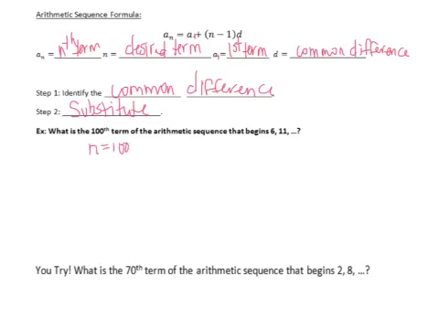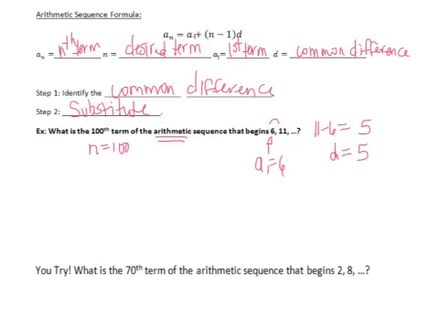Of the arithmetic sequence, again, we need to make sure that it is an arithmetic sequence, otherwise we won't have a common difference. And so what is the 100th term of the arithmetic sequence that begins 6, 11, and so on? Well, 6 is the first term, so I know A sub 1 is 6. And then to get from 6 to 11, or to find that difference, 11 minus 6, I know that it's 5. So D equals 5.